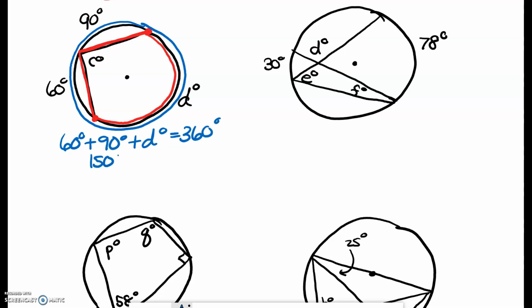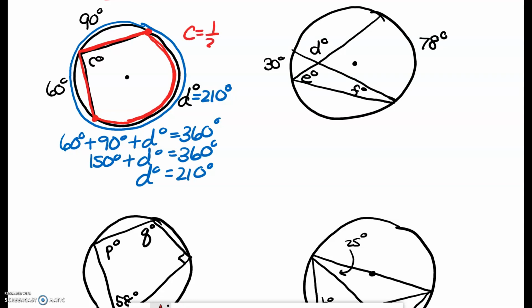So 150 degrees plus D degrees is 360 degrees. D degrees is 210 degrees. So D is 210. So my red arc is 210 degrees. So C is going to be half of my red arc. So C is going to be 105 degrees.